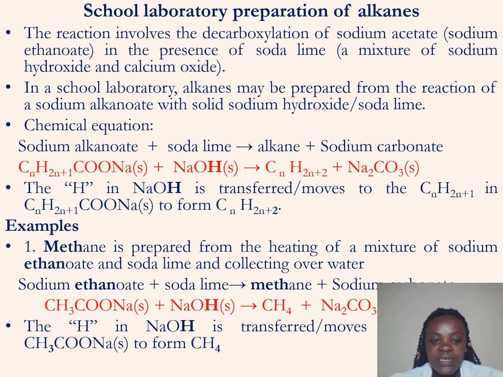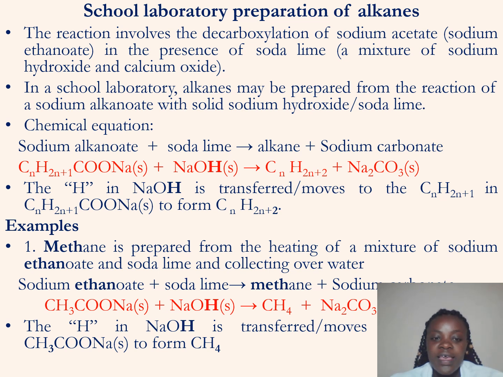So from this reaction here, we can see that a sodium alkanoate reacts with sodium hydroxide or soda lime to give us an alkane, this is the general formula of all alkanes, plus a sodium carbonate.